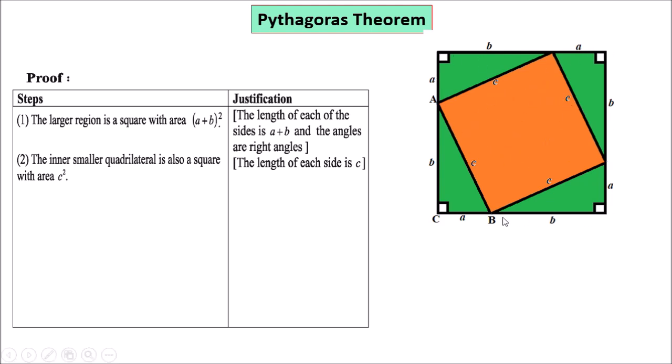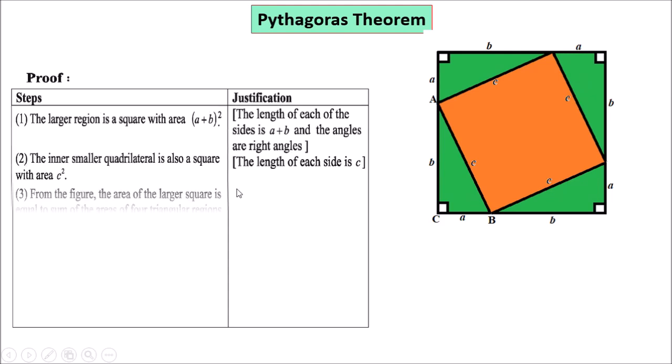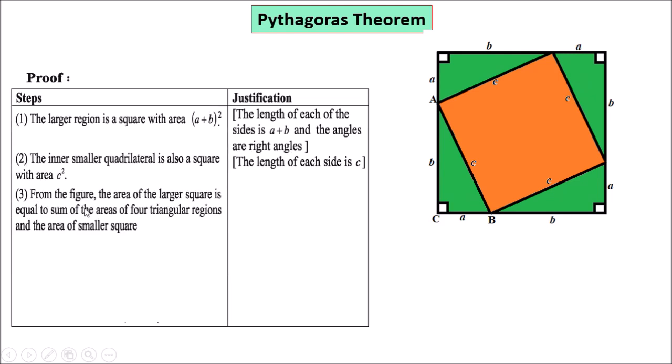So if you break the bigger one, you will get a small inner square and four right angle triangles. So from the figure we can write that the area of the larger region, that is the whole region, is equal to the sum of the areas of the four triangular regions and the area of the smaller square.